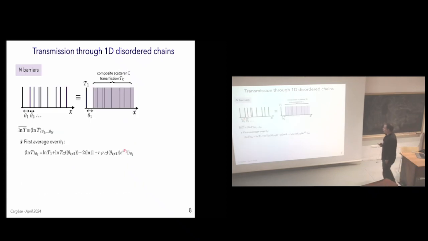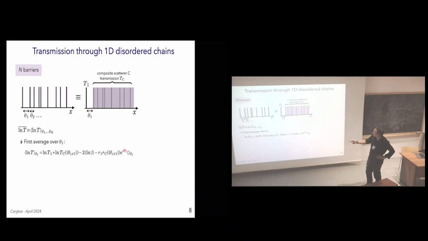All right, so now let's do this. Let's compute instead the average of the log transmission. The average, I remind you, is by definition an average over all the random phases, so all the separations. In the first step, we can easily perform the partial average over θ1, over this first phase, in the following way.